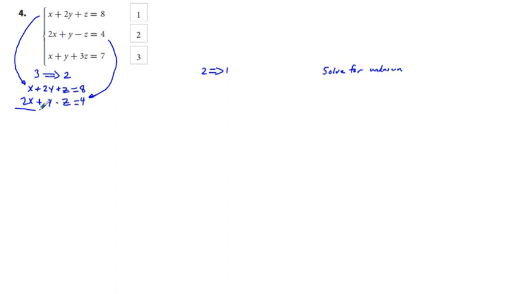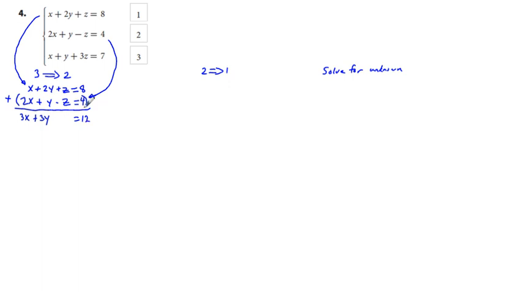Now, if we take the second equation and we add it to the first, I'll put a plus sign out here, we're going to have x plus 2x equals 3x. We're going to have 2y plus y equals 3y. We're going to have z minus z equals 0. And finally, to the right, we have 8 plus 4 equals 12.